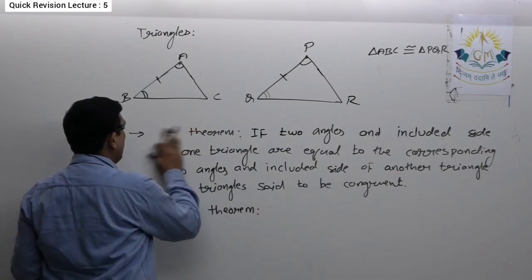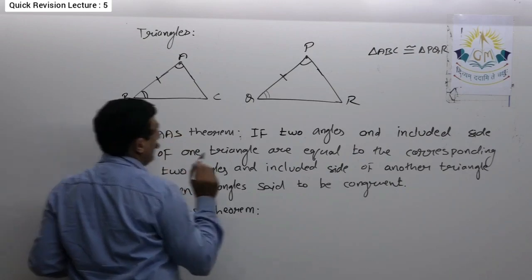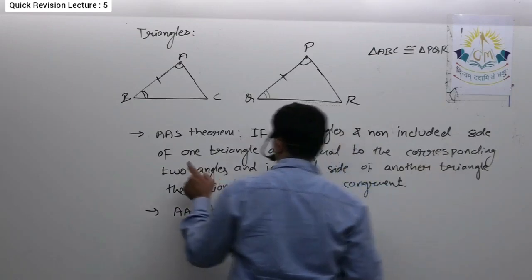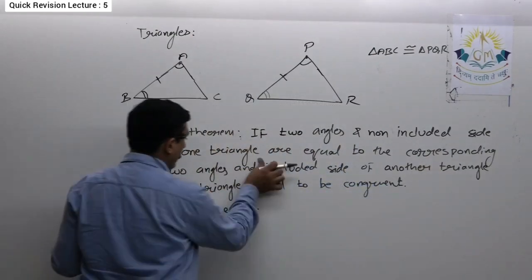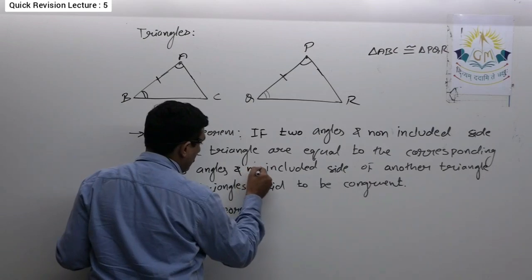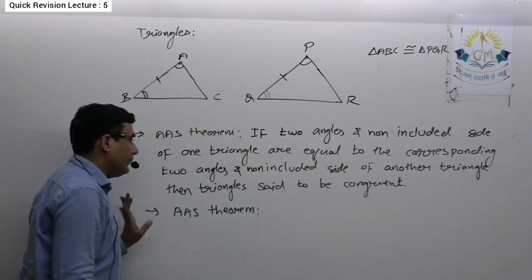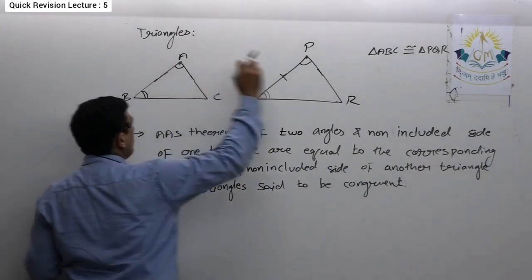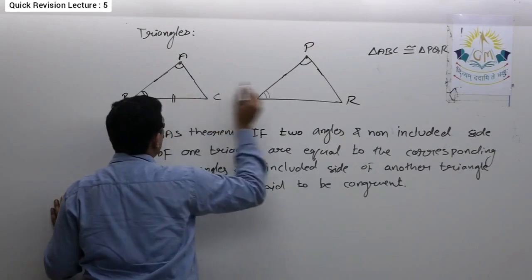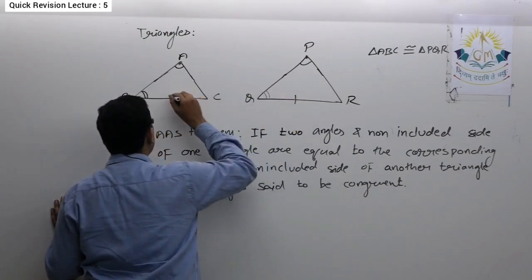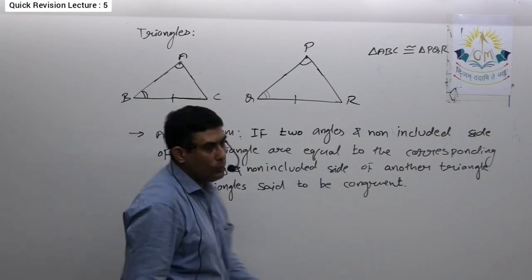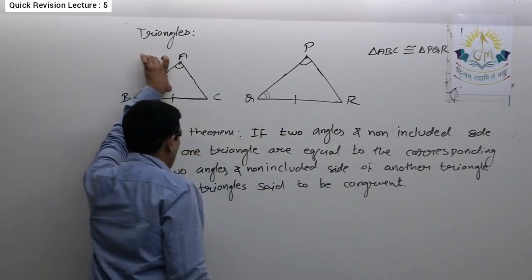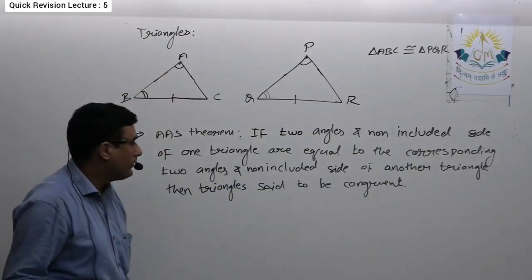If two angles and the non-included side of one triangle are equal to the corresponding two angles and non-included side of another triangle, then the triangles are said to be congruent. Here instead of AB equal to PQ, if I have BC equal to QR, still I can say triangles are congruent by angle angle side.